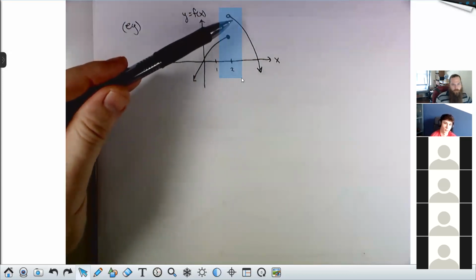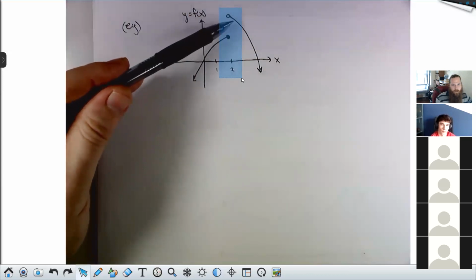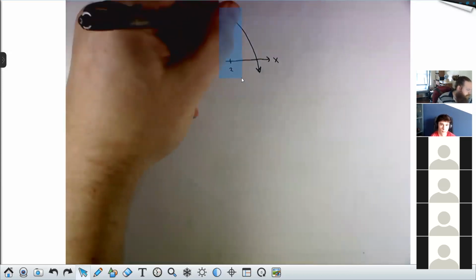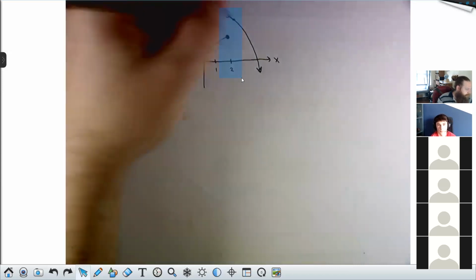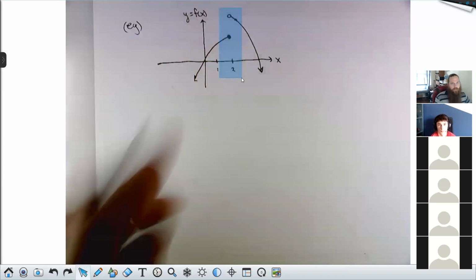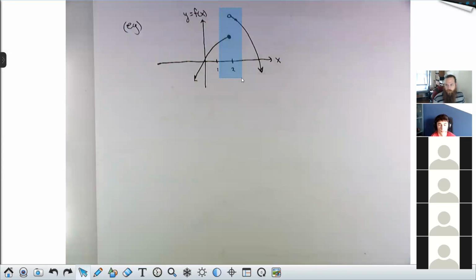No, right over here, just to the right of this open circle, not the open circle itself, if I take a point, for example, right here, it's on the graph and it's taller than the point at x equals 2. So there's neither a min nor a max at x equals 2. It's not a min because it's not the lowest point on the graph anywhere there.